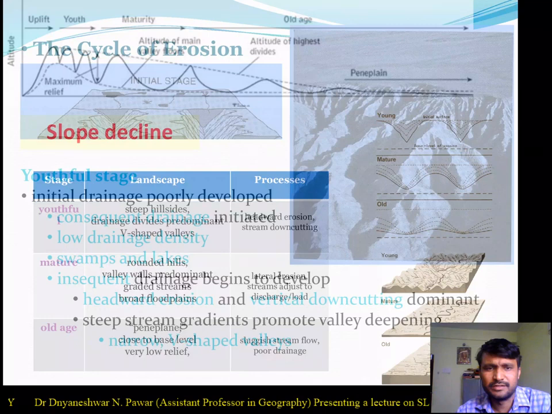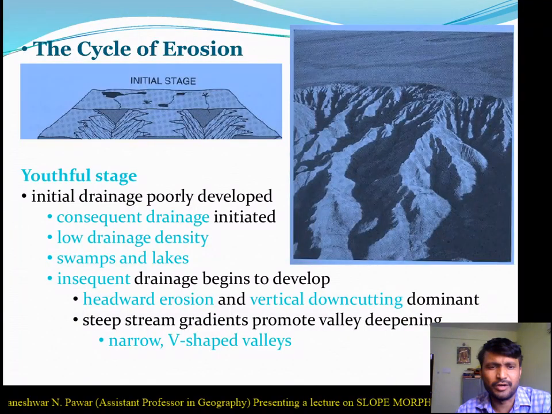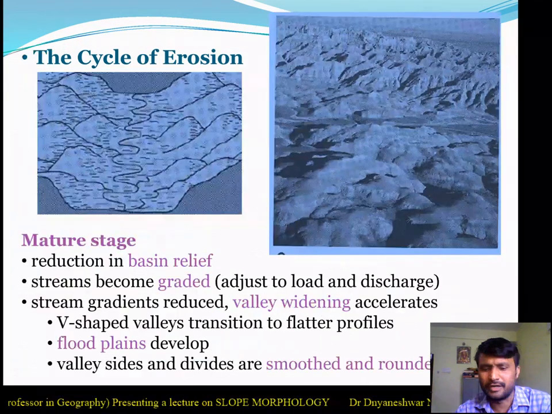In the youthful stage, initial drainage is poorly developed, with low drainage density, swamps and lakes, and insequent drainage beginning to develop. In the mature stage, the second stage of the cycle of erosion, basin relief is reduced, stream gradient is reduced, valley widening is accelerated, V-shaped valleys are formed, and floodplains are developed.